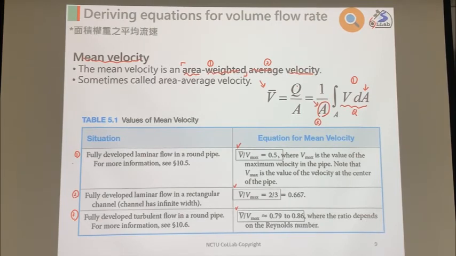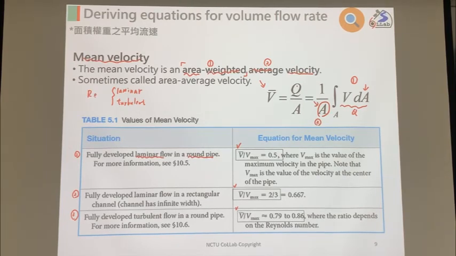Okay, so in the first case, we consider the flow is laminar flow in the pipe. How can we identify whether the flow is laminar or not? We have laminar and we have turbulent, right? How can we distinguish the two flow conditions?